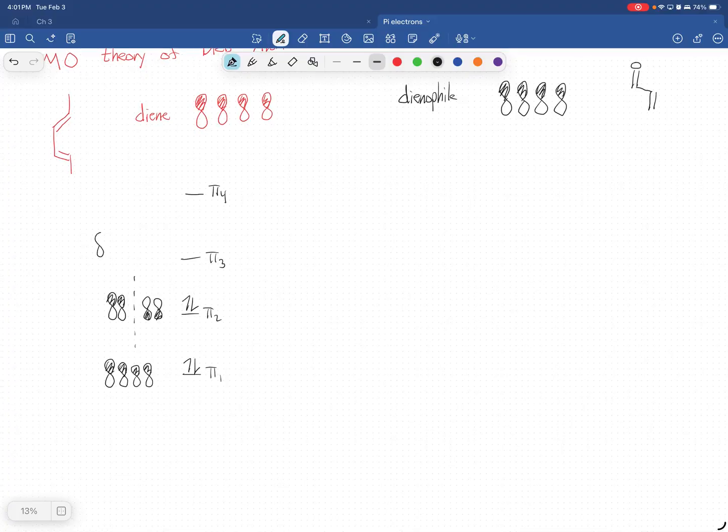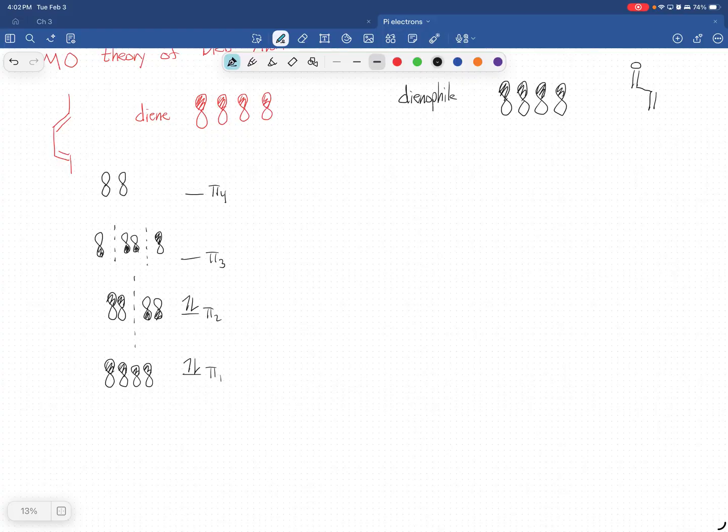Okay. Then when we get to the third set of orbitals, they have to be broken down symmetrically and change sign at least twice. So that's why I put these 2 dotted lines. There are 2 nodes here. We have a line there, and then these must be in sync. So that's the third molecular orbital for this diene.